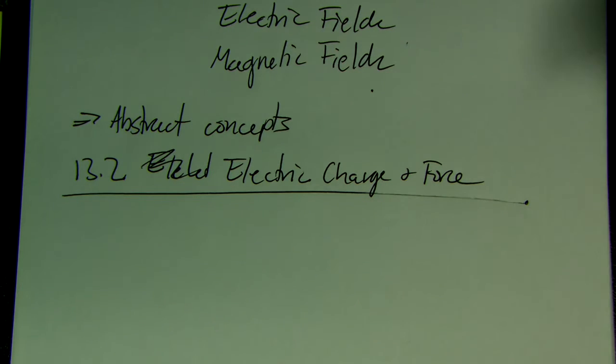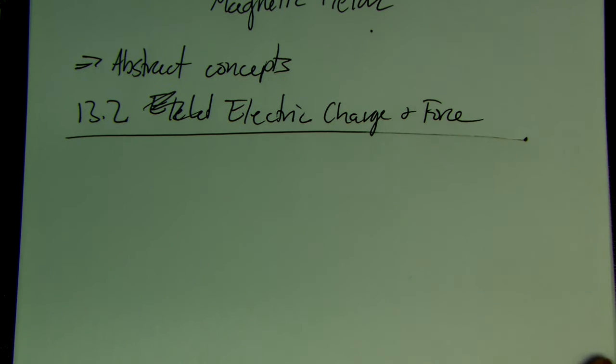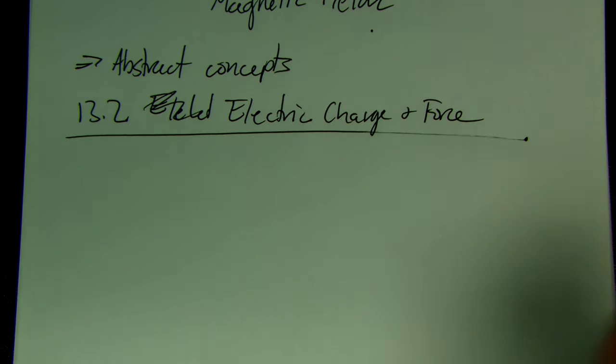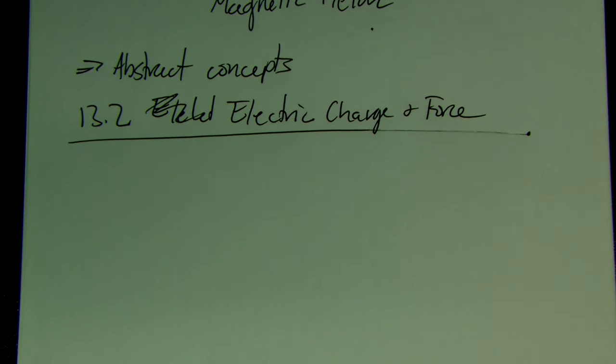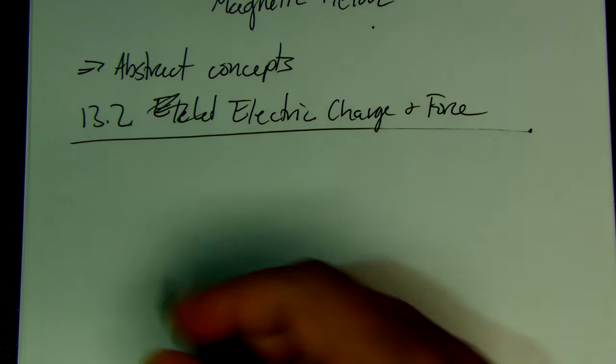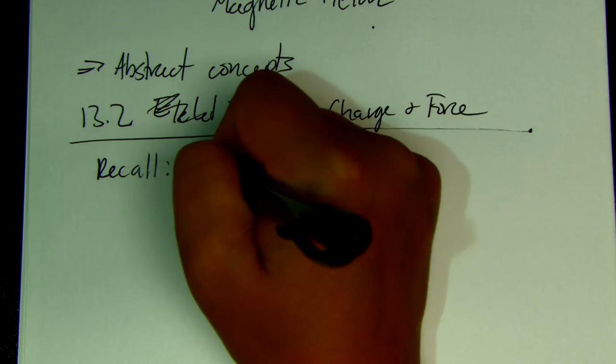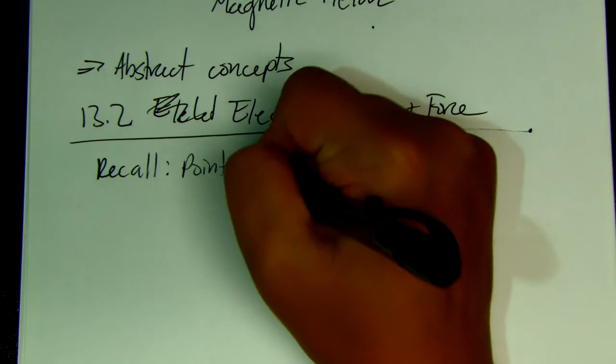So this is physics. Physics is all about forces. So now we need to start relating electric charges and force. So we're going to start with electric charges, and we're going to see that this is going to crescendo into something beautiful by the end of this class. So if you recall from Physics 1, the concept of a point particle.